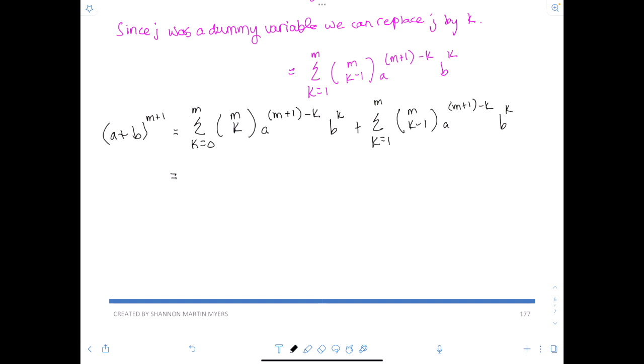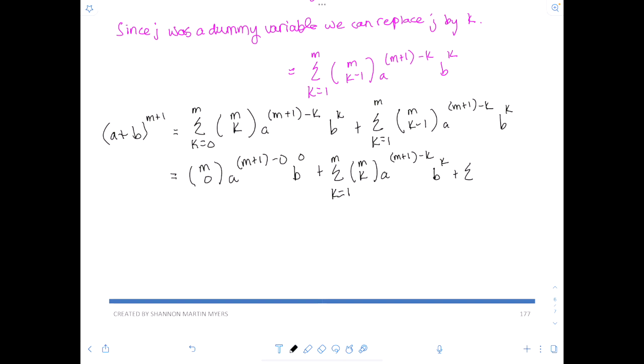So if k is 0, I will have m choose 0, a raised to the m plus 1 minus 0, b raised to the 0, plus the summation from k equals 1 to m of m choose k, a to the m plus 1 minus k times b to the k, plus the summation from k equals 1 to m of m choose k minus 1, a to the m plus 1 minus k, b to the k.